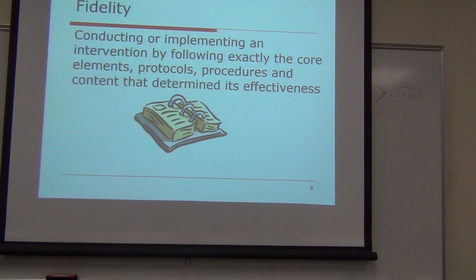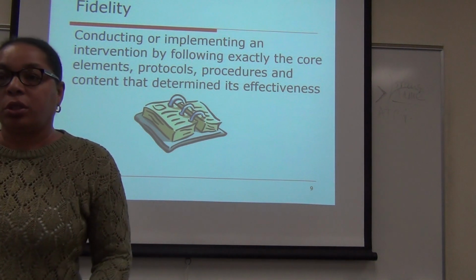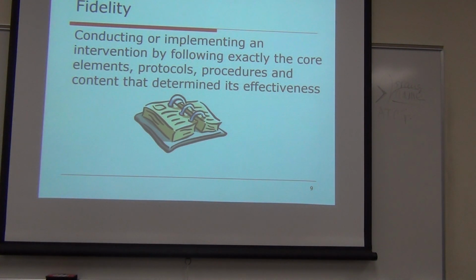We talk about fidelity in terms of interventions. We talked about it in program planning, in terms of, you got to make sure that you follow the core elements. We talk about fidelity in terms of evaluation because if you don't follow the core elements, if you don't have fidelity, then we don't know what you implemented. It wasn't the intervention because you didn't have fidelity to the intervention. You kind of did your own thing. So now we've got a whole different intervention. So if it worked, we don't know why it worked.